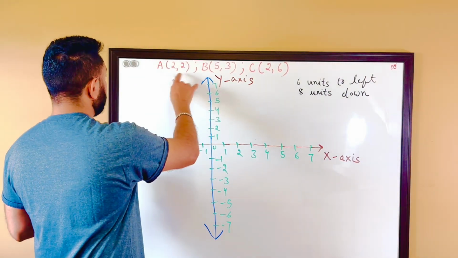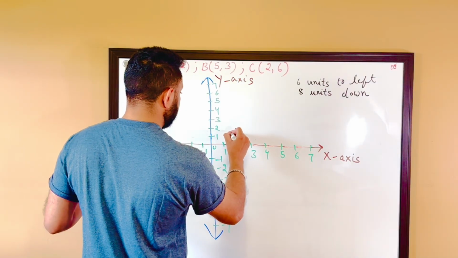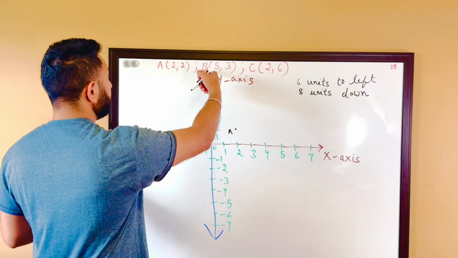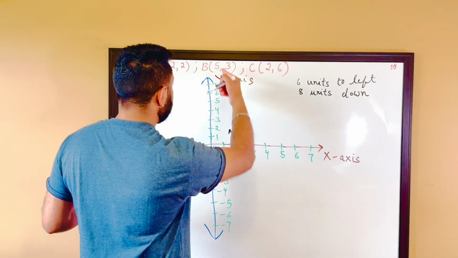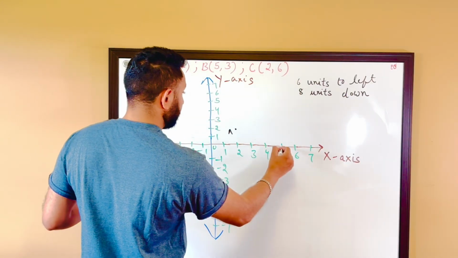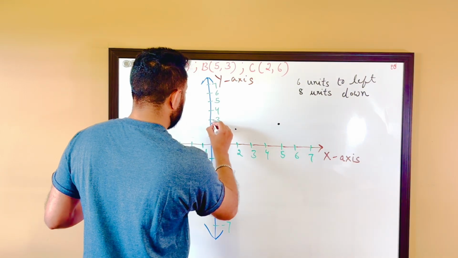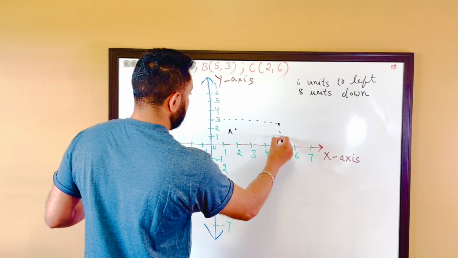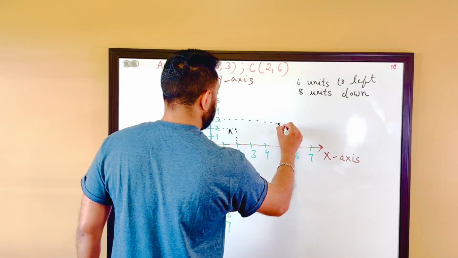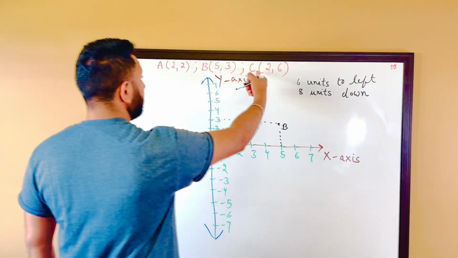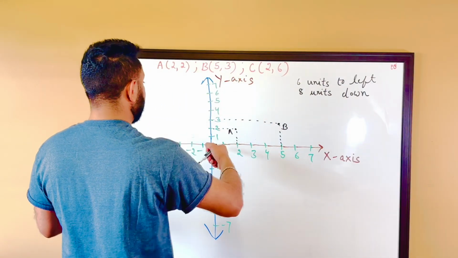So (2, 2), so 2 and 2, that means here this is A, and (5, 3), so 5 units on the x-axis and 3 units on the y-axis. So that means here, this is B, and (2, 6), so 2 units on the x-axis and 6 units on the y-axis.